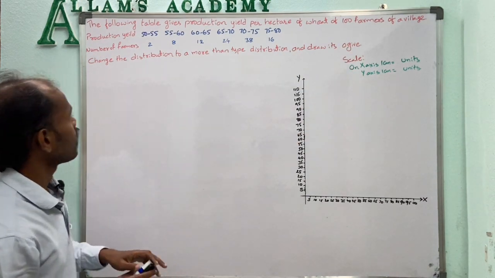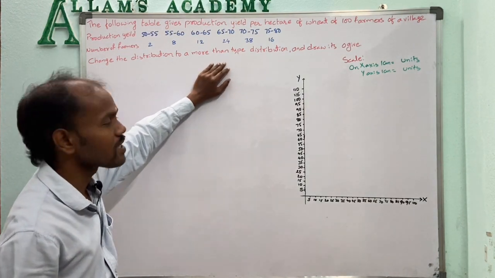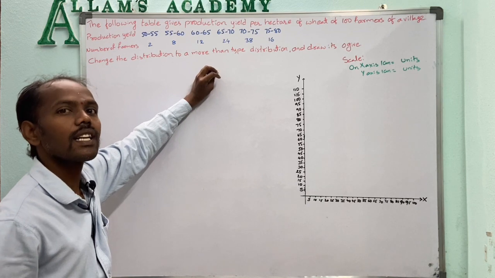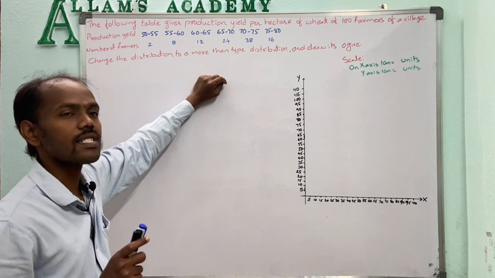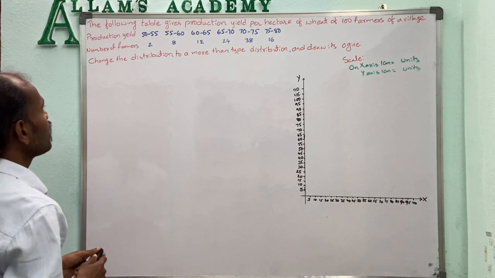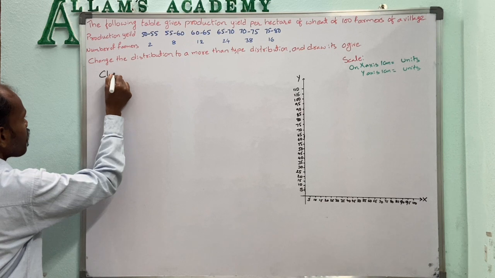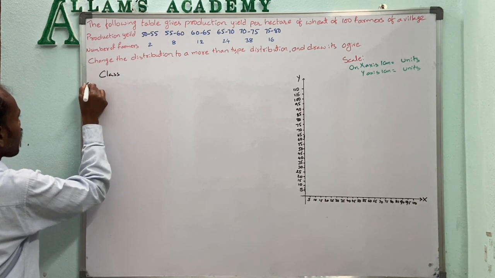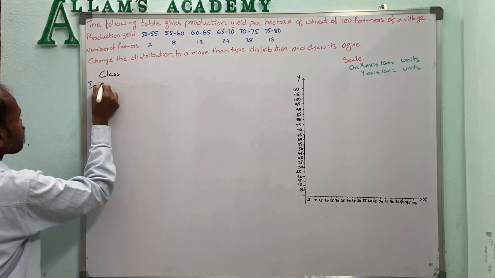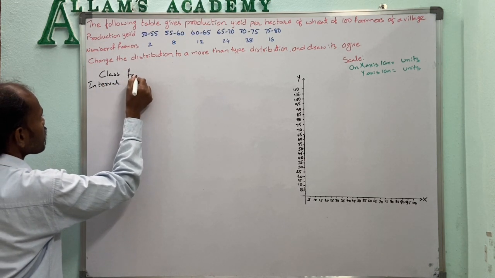So here we are asked for the More than type Ogive curve. More than means the greater than cumulative frequency curve. So first we have to write the given information as class interval and frequency.